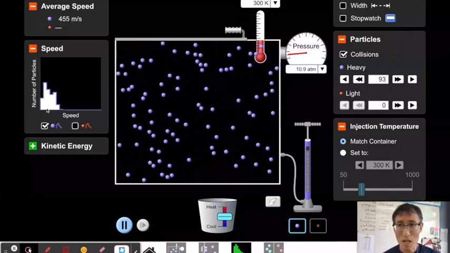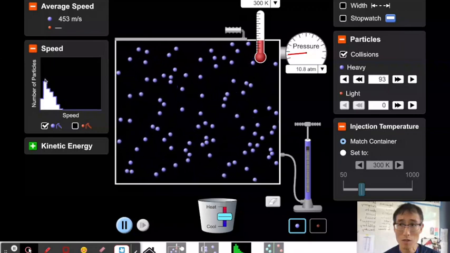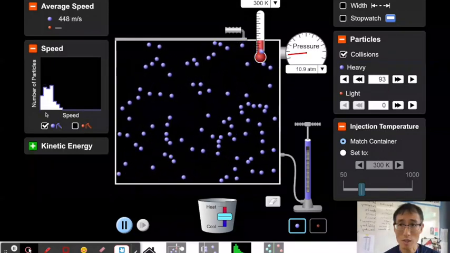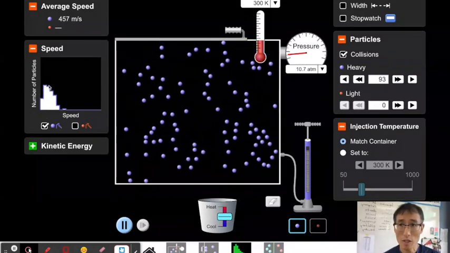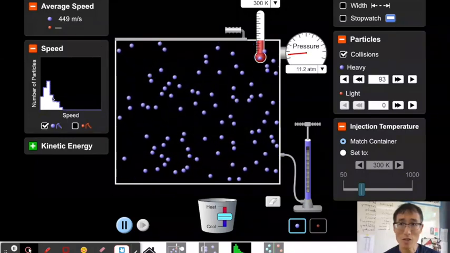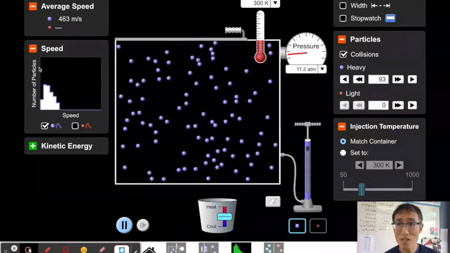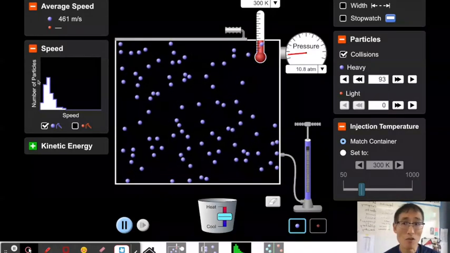But as I move to the right, as I go faster, there's a big group of particles that are moving a little faster. There's another group of particles that are moving a little faster. But then as you go faster and faster, there's fewer and fewer, because the vertical axis of this chart tells me the number of particles.